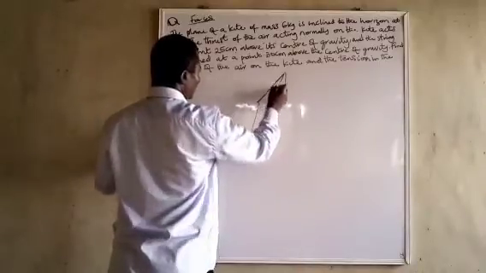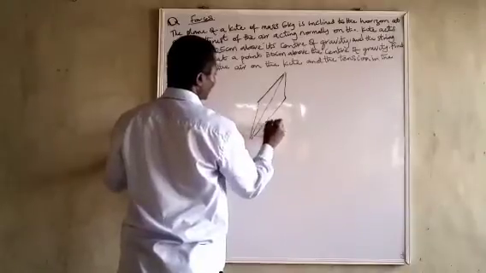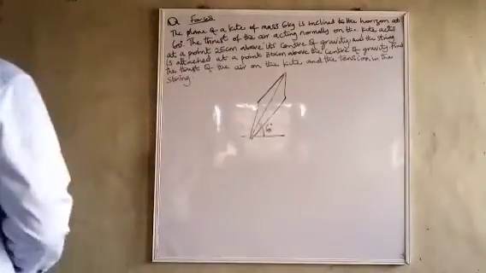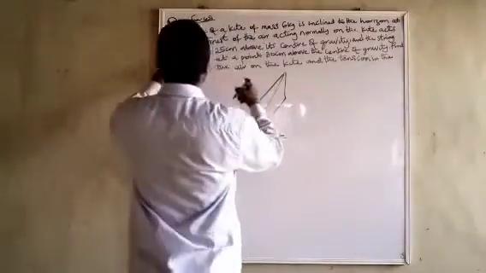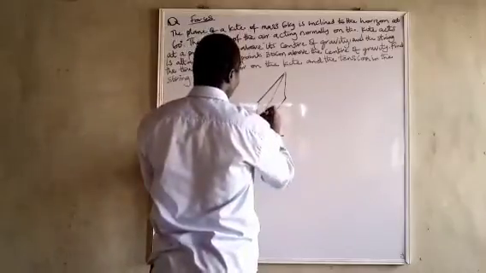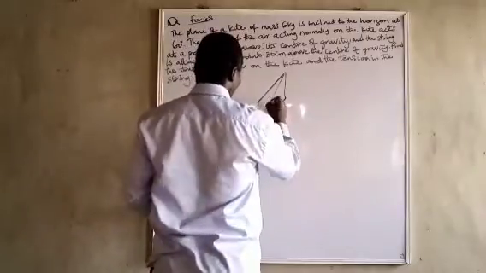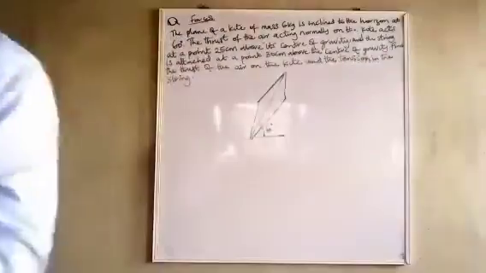If this is the kite, and you are told that it's at 60 degrees to your horizon, the thrust of the air acting normally on the kite acts at a point 25 cm above the center of gravity. This is the center of gravity. So from here to here, we have the thrust, of course, is 25 cm.